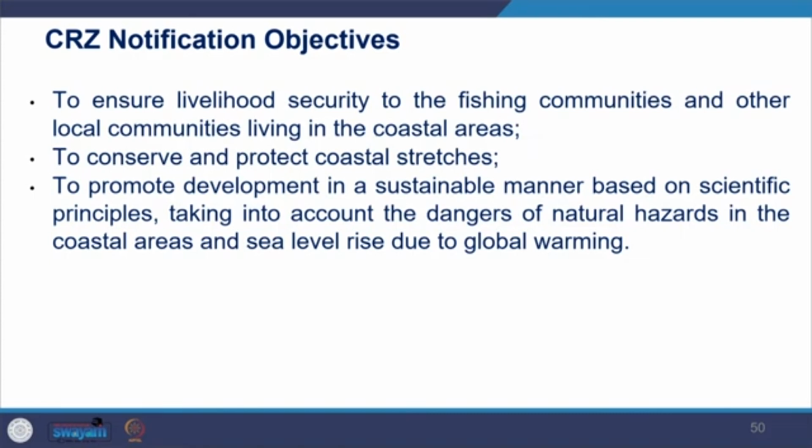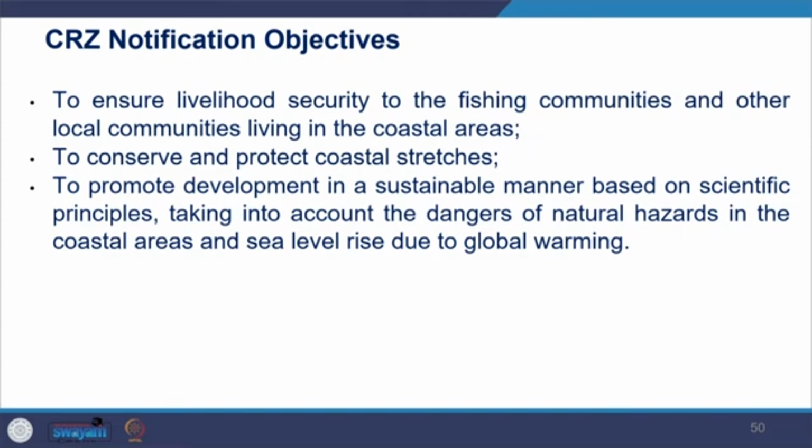It is created to ensure livelihood security to the fishing communities and other local communities living in the coastal areas. We did talk about our context and authority, like how one activity impacts the others' life and access to resources. So here you see that this particular CRZ notification ensures livelihood security.